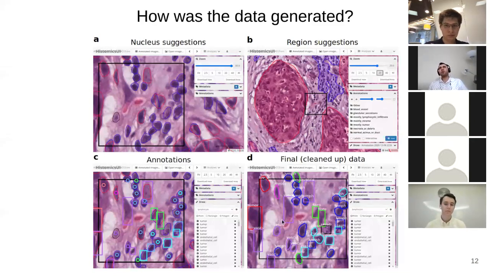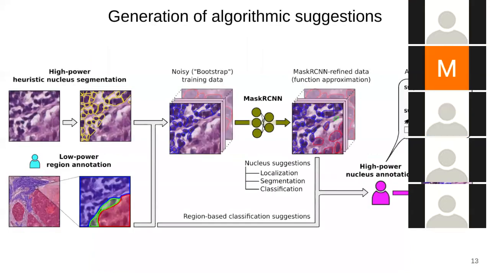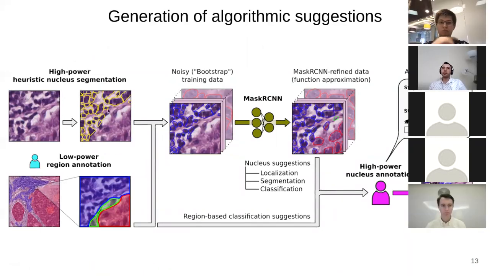So what you see here in the bottom right is the type of data that we get, a mixture of bounding boxes and segmentations. I already explained this. We have a heuristic image processing algorithm that generates these segmentations, and then the objects inherit the class from the region in which they are.